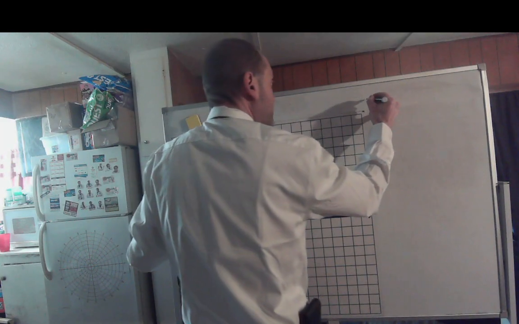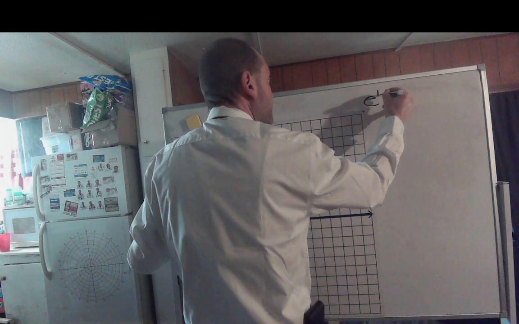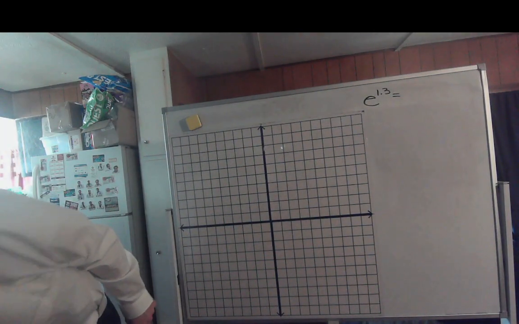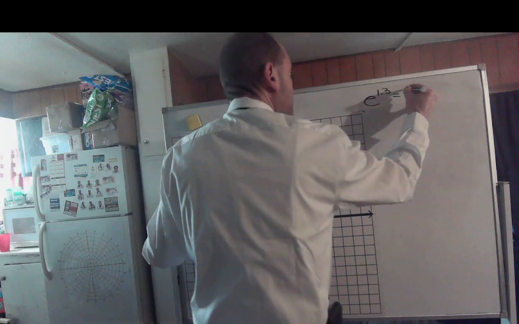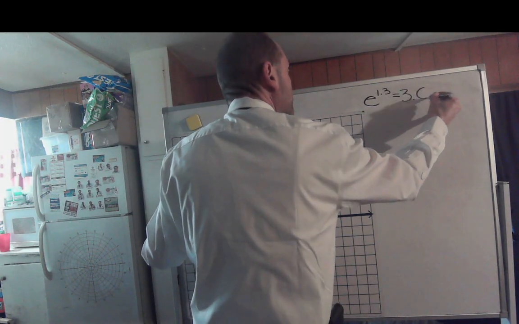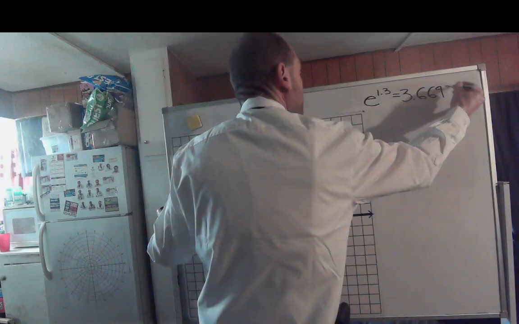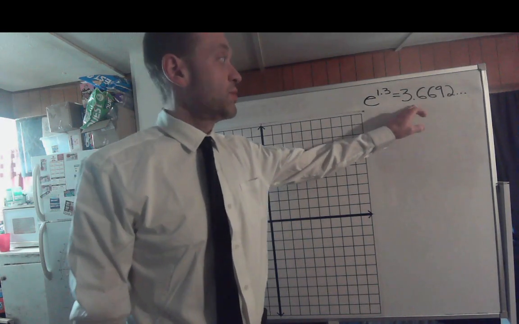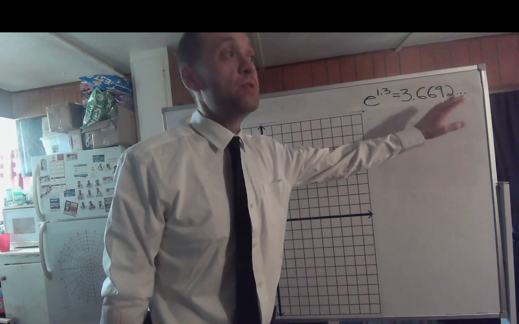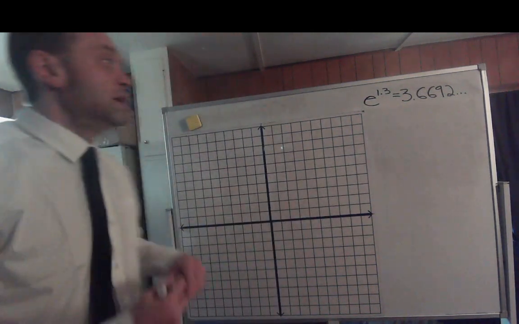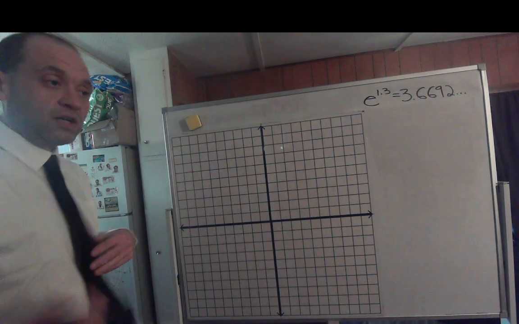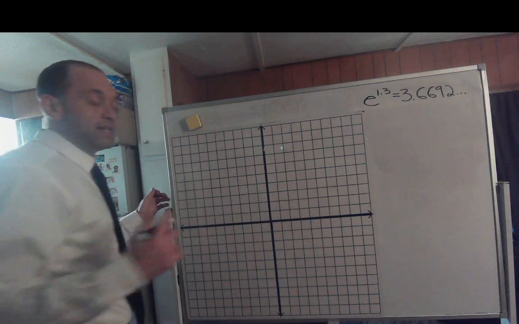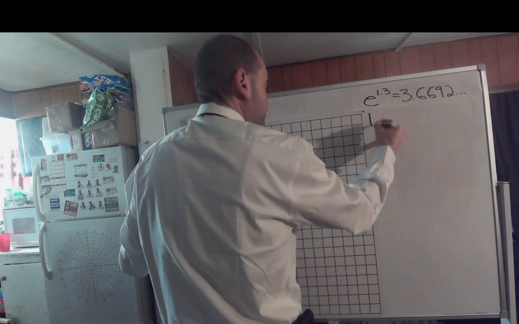Alright, let's see. We have e to the 1.3 equals 3.6692... To convert this into logarithmic notation, since it's base e, this will actually be a natural log.